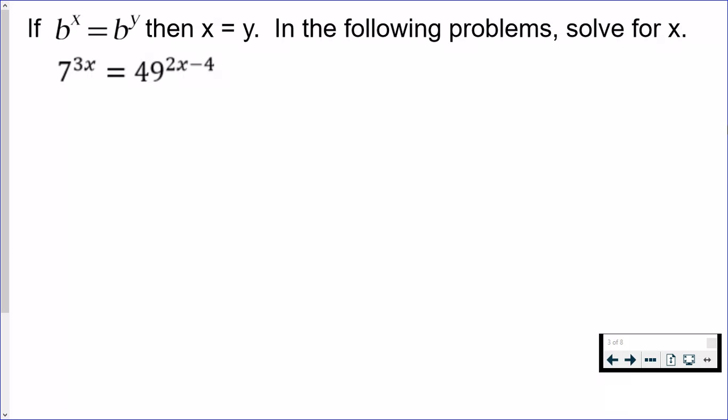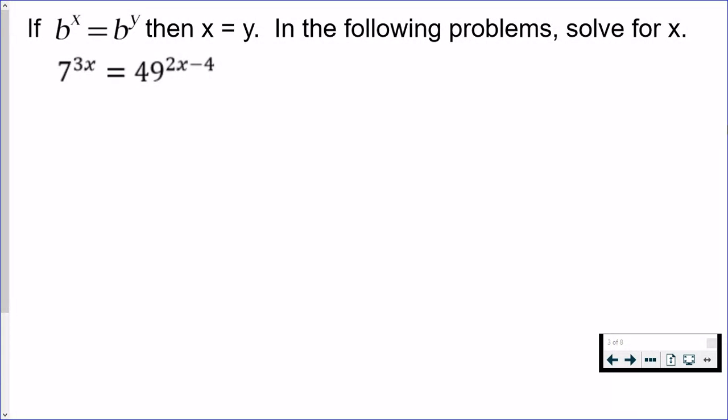Okay, the first one, notice I have a base of 7 and a base of 49. If I can get those bases to match, this gets a lot easier for me. So you look at the 7 and the 49 and figure out, are they related? Am I able to rewrite one or both of them in order for them to match? I do know that 7 goes into 49, and that 7 squared is equal to 49, and that's good.